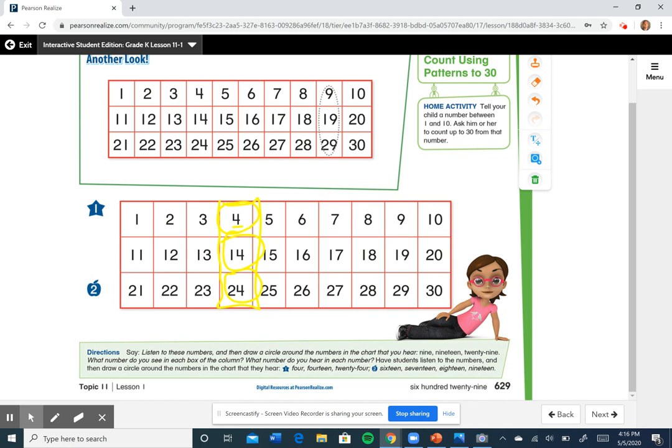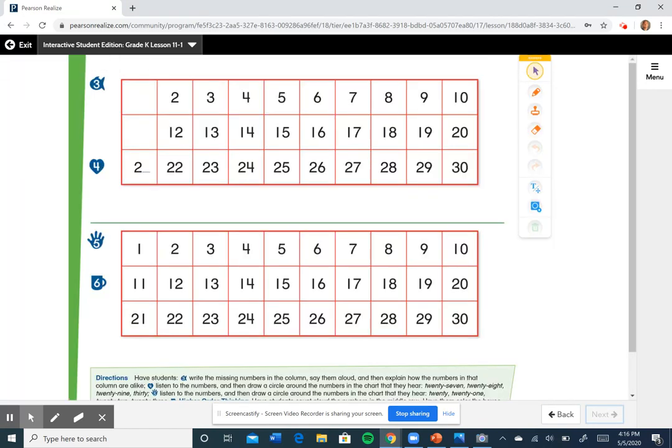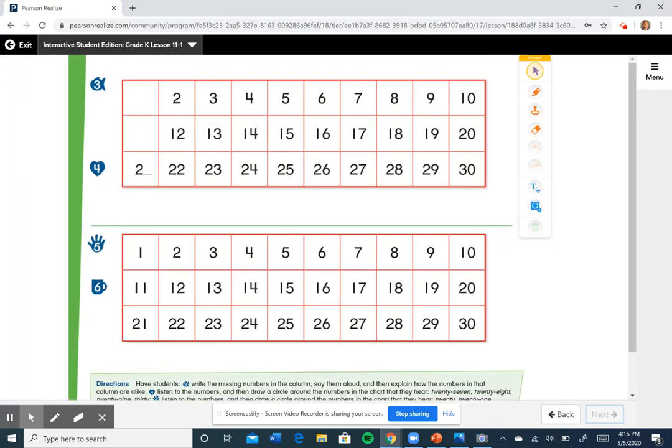And then a 16, so that's 16 because that's our 6. And then teen. And then 17, 18, and 19. Excellent job.